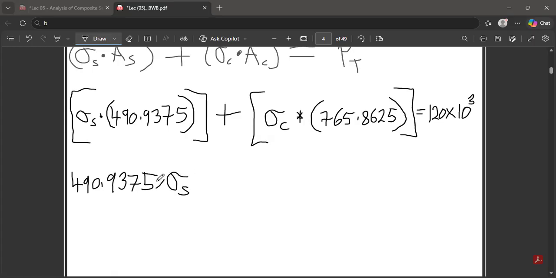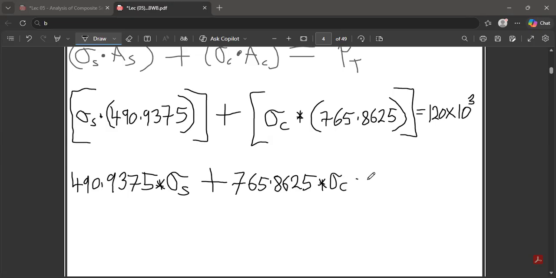Okay, so this is it over here, multiplying it. Plus this is going to become the area of copper, 765.8625, multiplying the stress of copper.